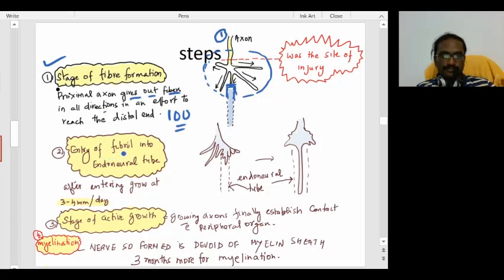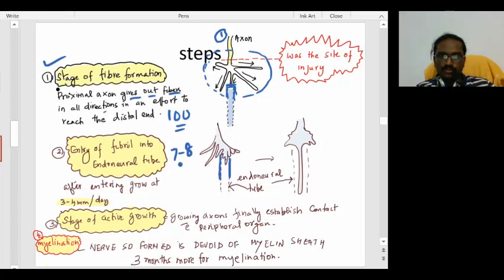Out of all these, a few of them, maybe let's take for example 7 or 8 fibers, got into the neurilemmal tube. You can see here a few, 1 2 3 4 5 of these small ends have entered into the neurilemmal tube.